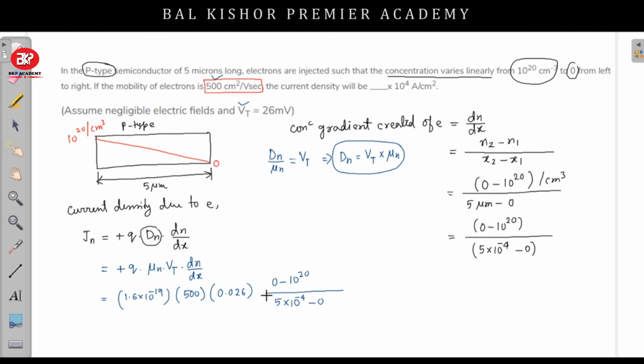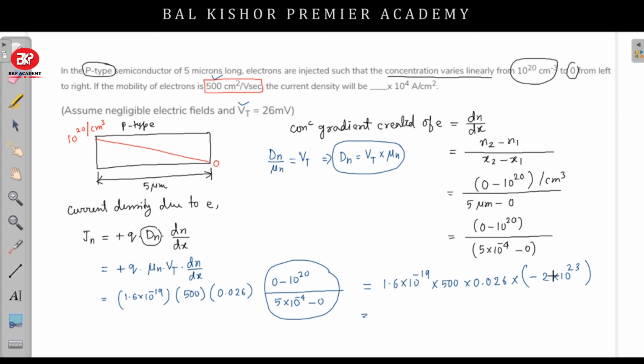So if we calculate this, then we will get the value as, ये जो dn by dx है, इसका वैल्यू कितना आएगा, इसको अगर मैं अलग से लिखता हूँ तो 1.6 into 10 to the power minus 19 into 500 into 0.026, और ये वाले को पहले कैलकुलेट करते हैं. तो इसको अगर कैलकुलेट करेंगे तो मेरे पास आएगा, माइनस साइन आएगा, और ये होगा 2 into 10 to the power 23, ये वैल्यू.